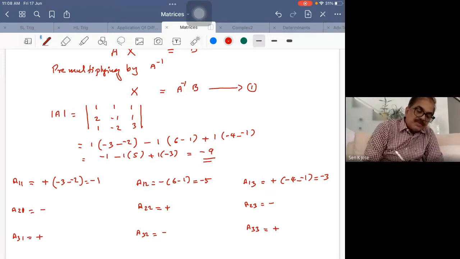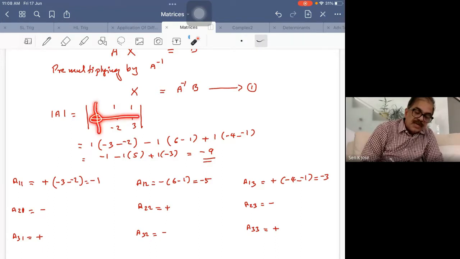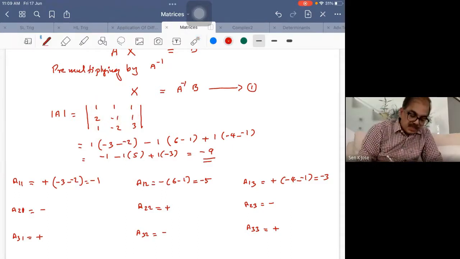The next row, A21. A21 is here. Delete the row and the column it contains, cross multiply. So that's the element A21. Delete the row and the column, cross multiply. 1 into 3 is 3 minus minus 2.